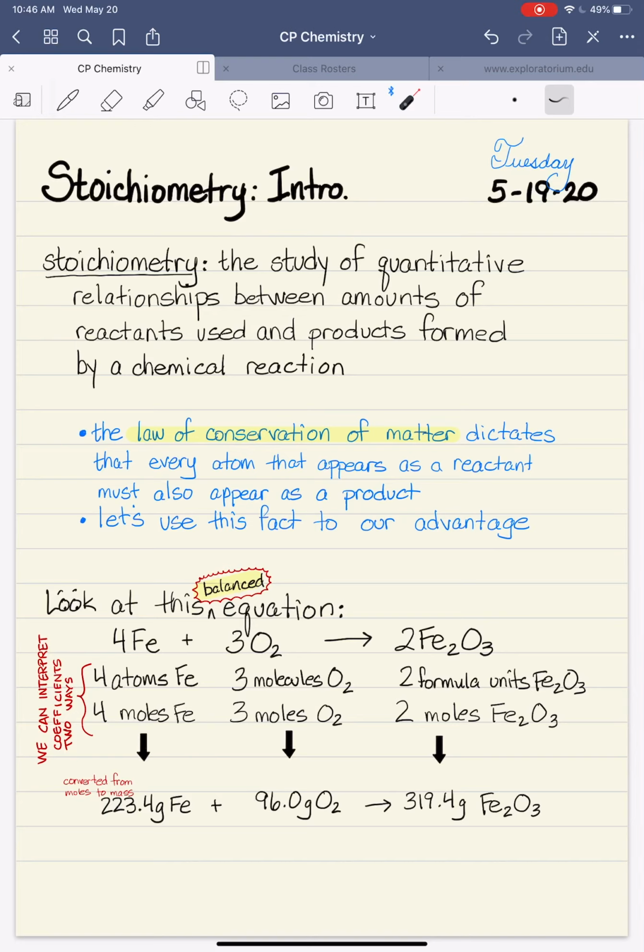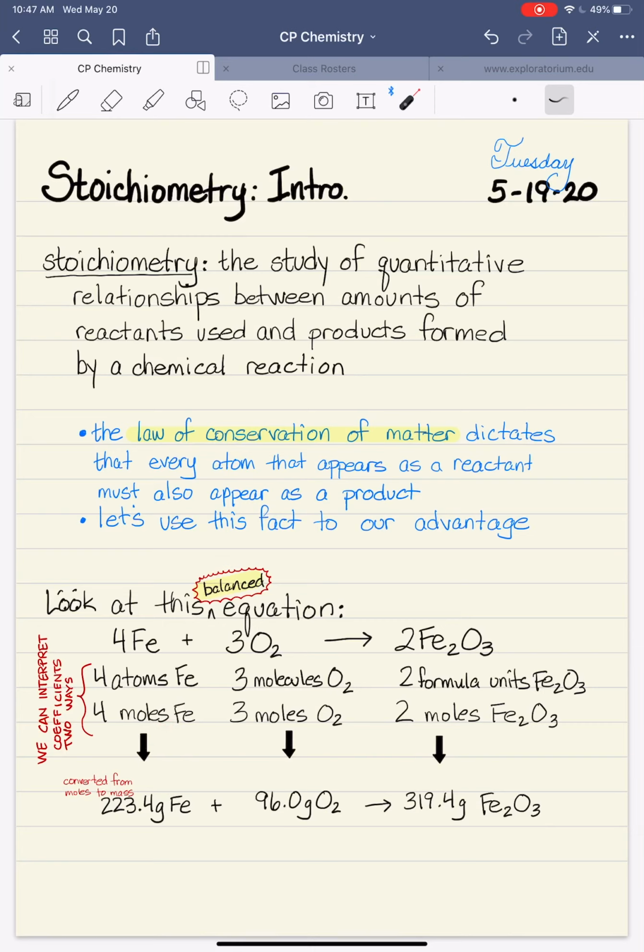Okay, we later learned that we can also interpret these coefficients in terms of moles. So we see we can look at 2 moles of iron, 3 moles of oxygen, and 2 moles of iron(III) oxide. Okay, and once we know how many moles that represents, we can use the molar mass to convert these into masses.